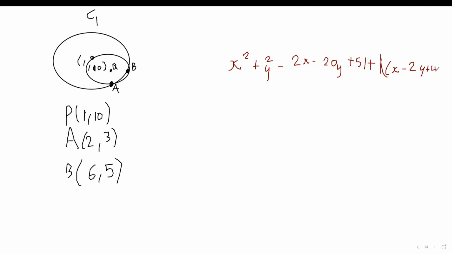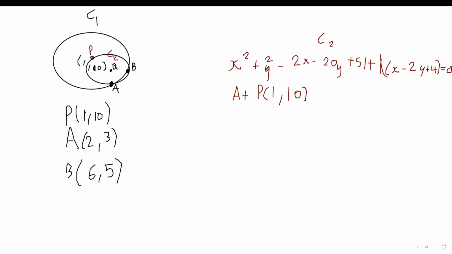equals 0. Now, Marika, let's call this new circle C2. If C2 passes through any one of these points, P, A, or B, then it satisfies the equation of the circle. So we can use any one of the points to find lambda. Let's use P, being 1, 10.